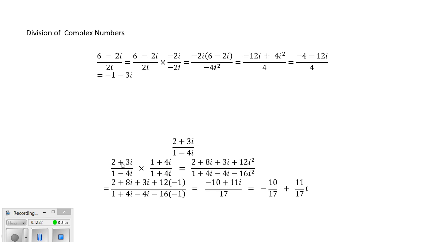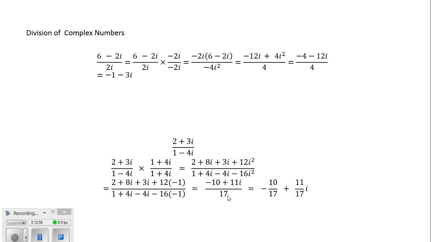We carry out the multiplication upstairs using the FOIL method. Likewise down below in the denominator using the FOIL method. We recall we're going to get an i squared term there, i squared being negative 1. We combine like terms, and we get negative 10 plus 11i over 17.